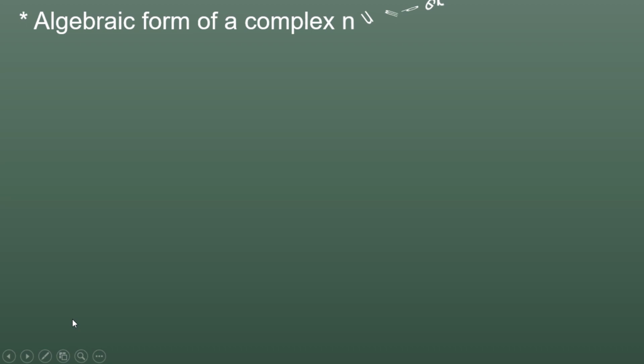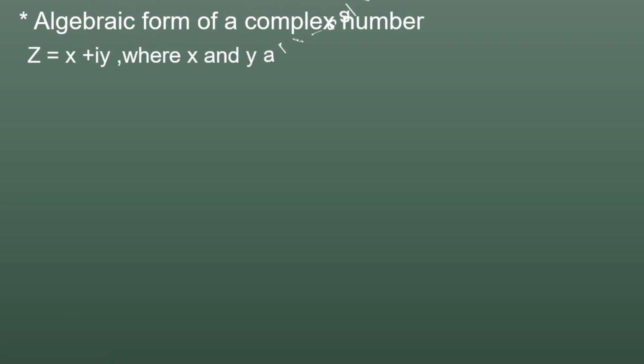Algebraic form of a complex number. The algebraic form of a complex number is z equals x plus iy, where x and y are real numbers. X is called the real part of the complex number z, and y alone without i is called the imaginary part of the complex number z.